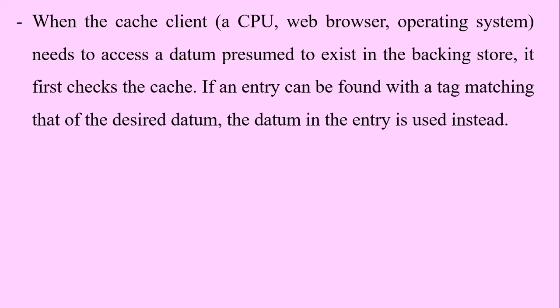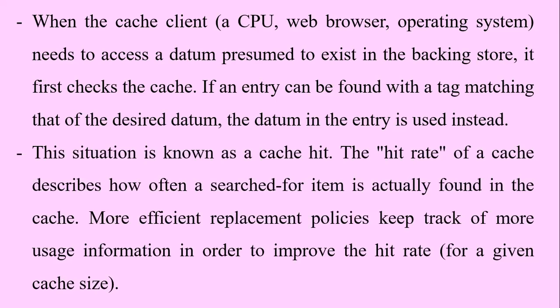When the cache client, for example, a CPU, web browser, or operating system, needs to access a datum presumed to exist in the backing store, it first checks the cache. If an entry can be found with a tag matching that of the desired datum, the datum in the entry is used instead. This situation is known as a cache hit.